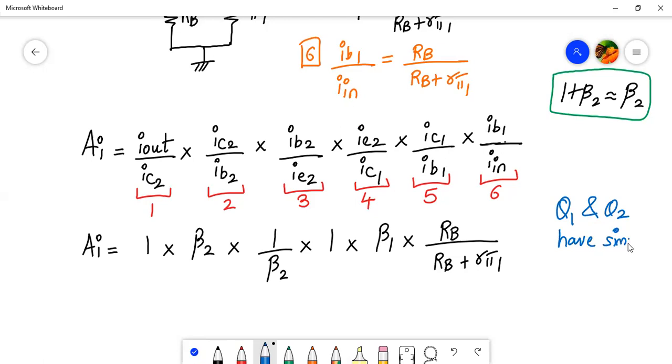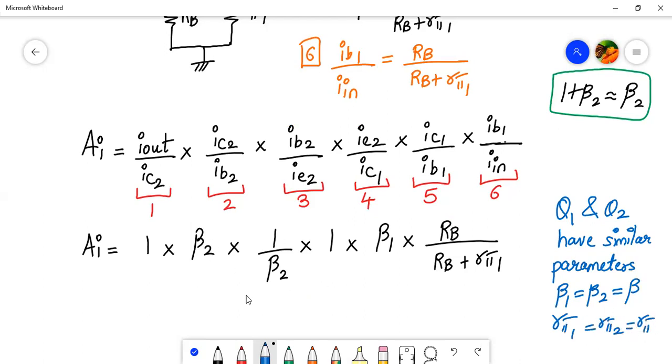So what do you mean by having similar parameters? Beta 1 is equal to beta 2 is equal to beta, and R pi 1 is equal to R pi 2 is equal to R pi, right? So in the above expression, what are the terms which are getting cancelled?